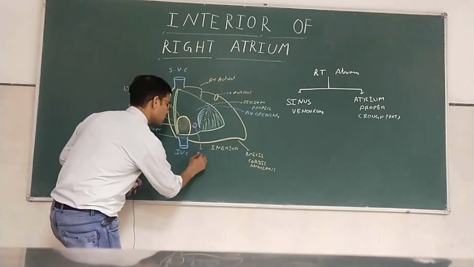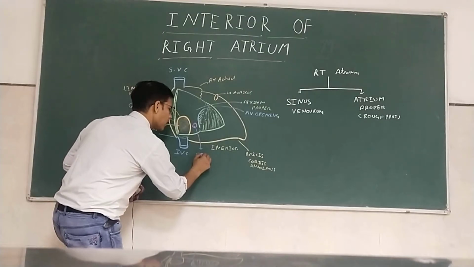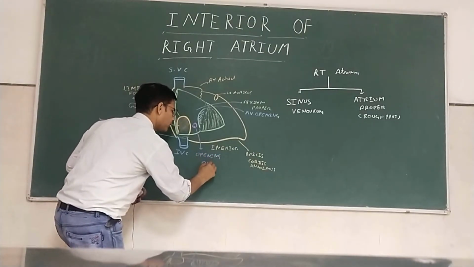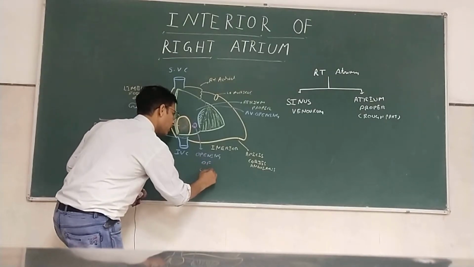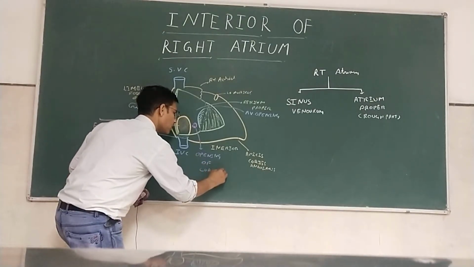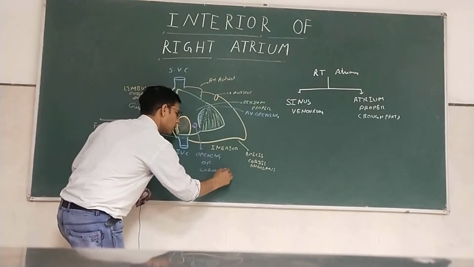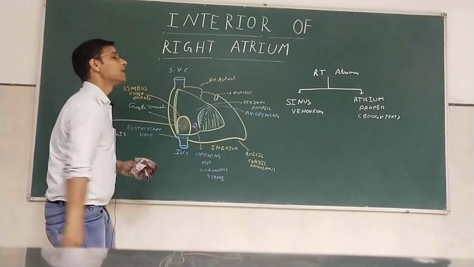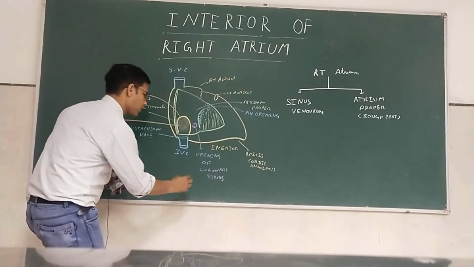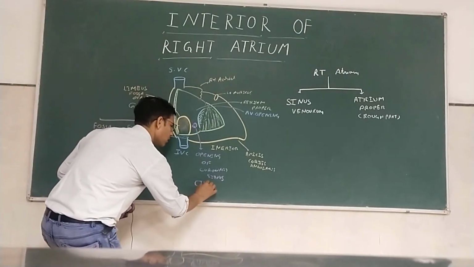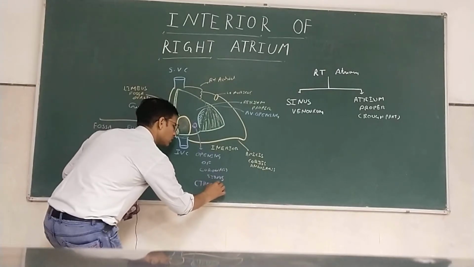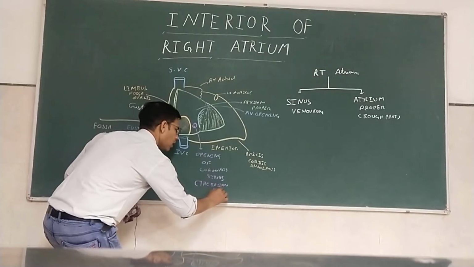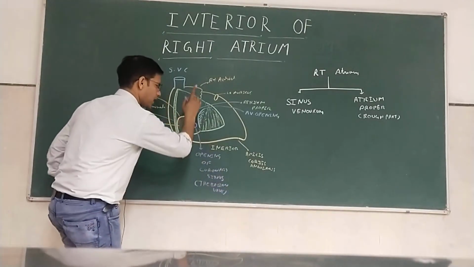So this is known as the opening of the coronary sinus. And this is guarded by the Thebesian valve. Where is it?